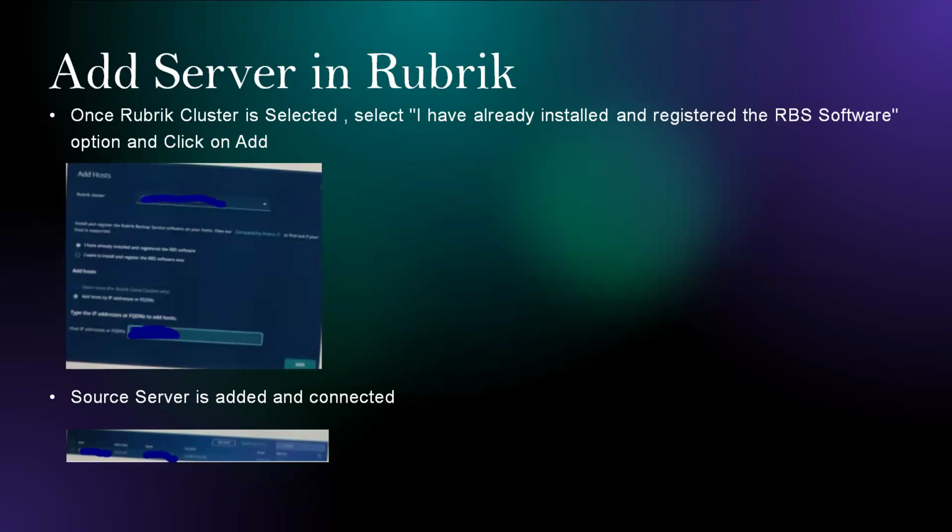Select that and provide the sysadmin user for Oracle databases. For file system, we don't need to do that. So once we have updated the Linux server details, click on add. Once we click on add, it will be added.